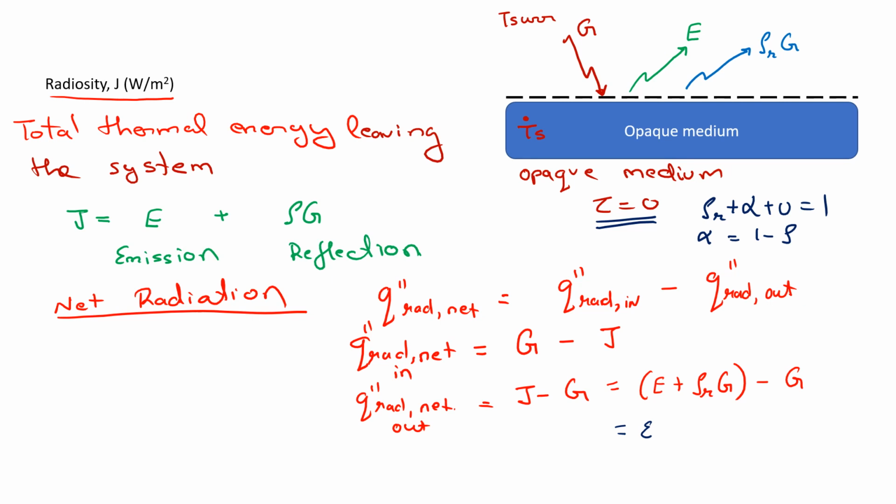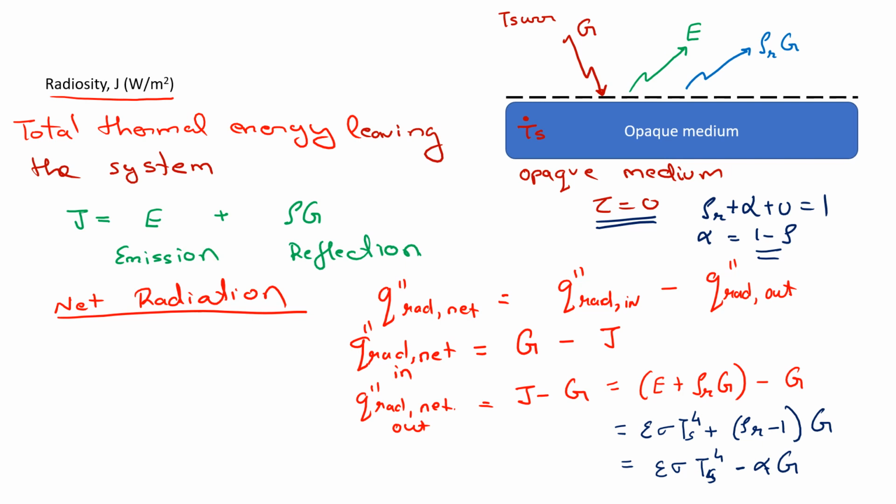So emission will be epsilon times sigma, that's the Stefan-Boltzmann constant, times the fourth power of the surface temperature, plus rho R minus 1 times G. We can write this as epsilon sigma Ts to the power 4, and from this equation we can write rho R minus 1 times G as minus alpha times G.